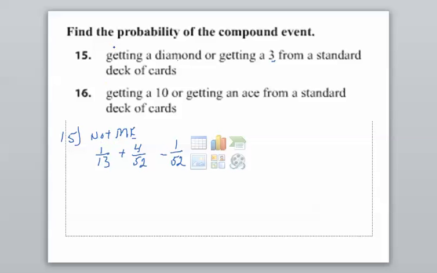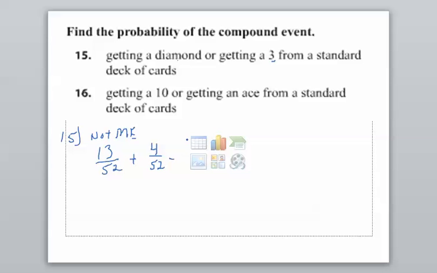Oops, this first one's not correct. I'm sorry. Let's try that again. Try again, Mr. Green. So the possibility of getting a diamond, 13 out of 52, because there are 13 diamonds in the deck. And then the possibility of getting a 3 is a 4 out of 52.